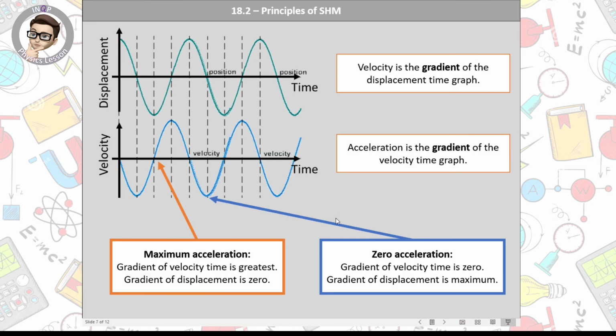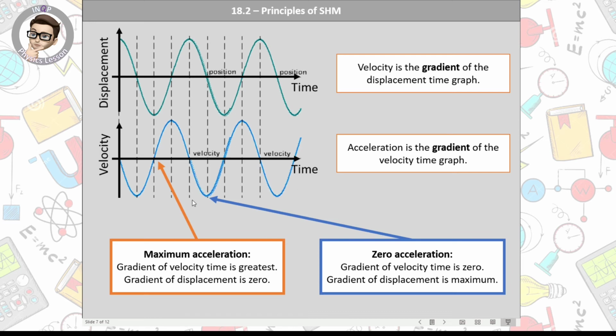Now we can do the same for the velocity time curve, because again, from the kinematics lessons, we know that acceleration is the gradient of a velocity time graph. So again, looking at the point where the velocity is zero, we can see we've got the maximum acceleration because we've got the greatest gradient. And remember that this is all now tied back into the forces that are taking place as well.